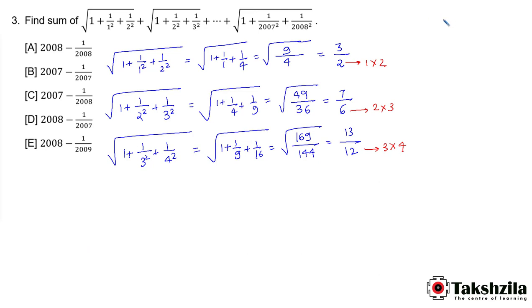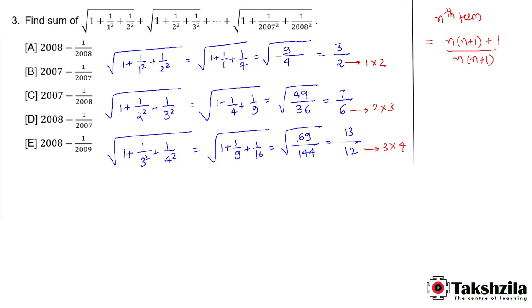So let's generalize the nth term. What is the formula to get the nth term over here? The formula of the nth term is, in the denominator it is n into n plus 1. In the numerator it is n into (n plus 1), bracket close, and plus 1. So let's simplify the formula to get the nth term.